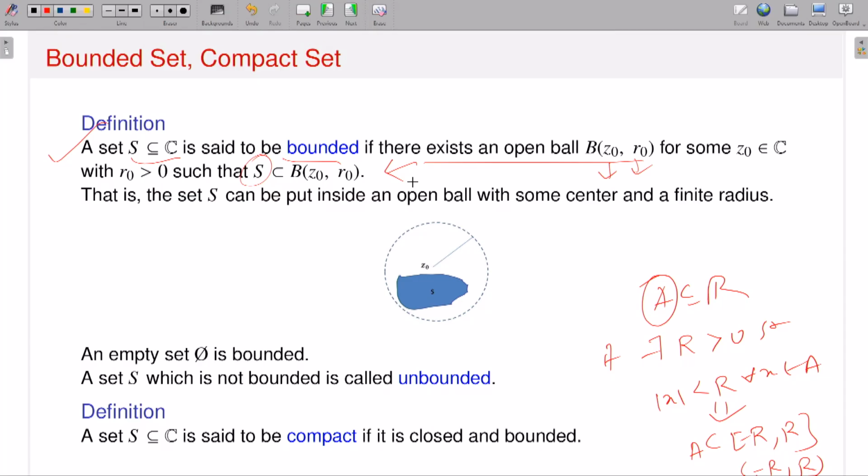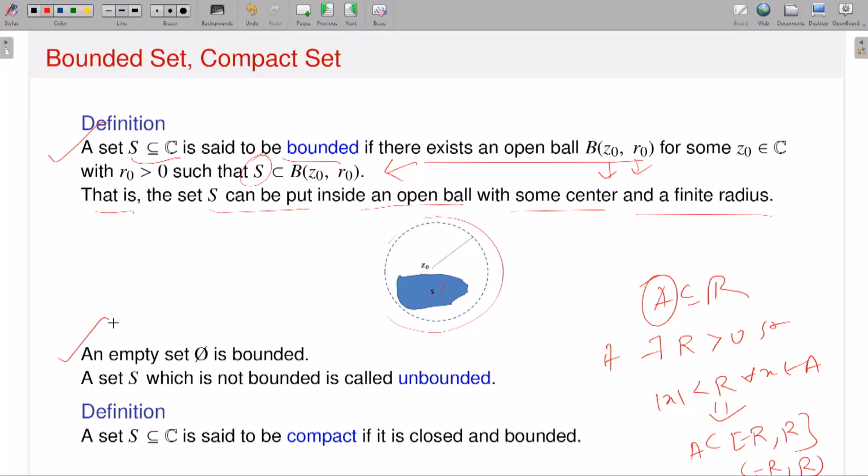If a set S has this property, then I will say that my set is bounded. That is, S can be put inside an open ball with some center and finite radius. Like in the case of R, my set A is bounded if there exists an open interval of finite length which contains it. Similarly, suppose this is my set S, and you see I have this open ball with some center Z0 and finite radius which contains my set S, therefore my set S is what is called bounded.